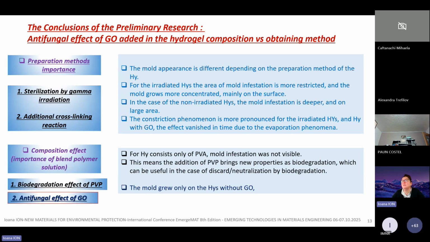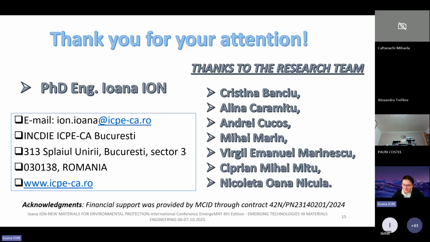We will perform another thermal analysis like TG-DSC, and in the end the results are good, and we find a new route to develop a biodegradable hydrogel with antifungal effect if you add graphene oxide in small quantity.